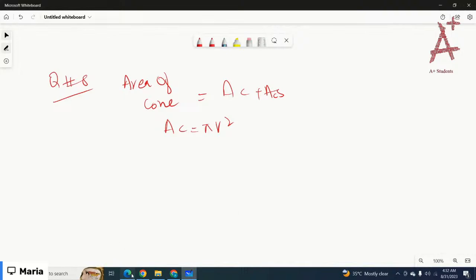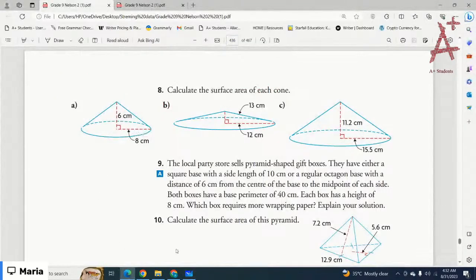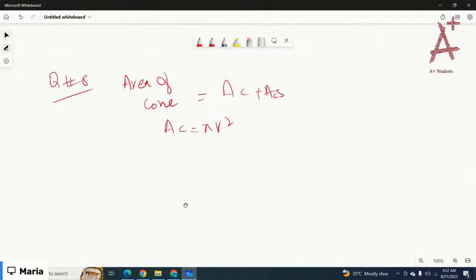Let's see, the r is 8, so pi and 8 square. Let's just calculate the value. It would be 64 times pi, that is 201.06, right? Then you have to calculate the area of the curved surface.